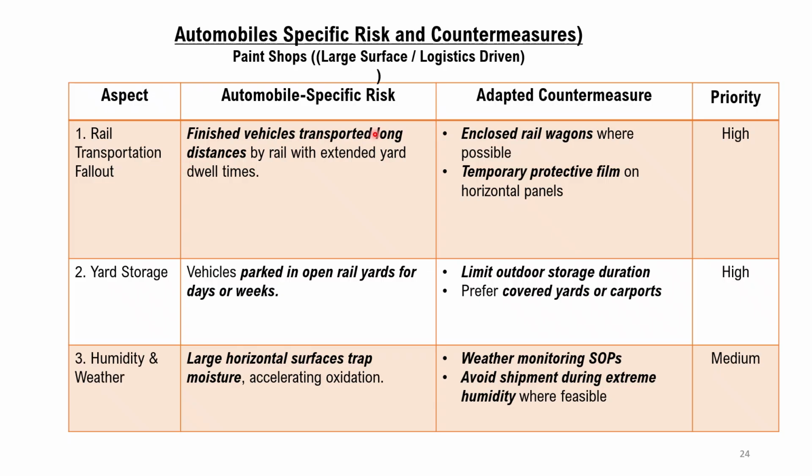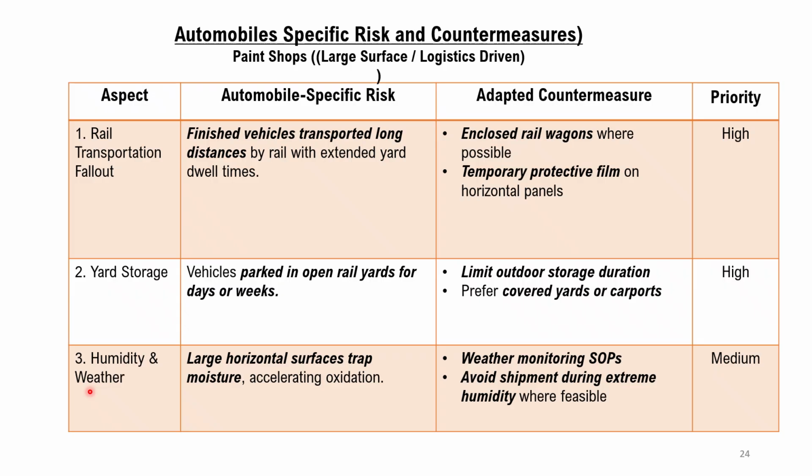Here, what we recommend is to enclose rail wagons where possible and use temporary protective film on the horizontal panels. In case of yard storage, vehicles park in open rail yards for days or weeks. Here, what is recommended is to limit outdoor storage duration and prefer covered yards or carports.